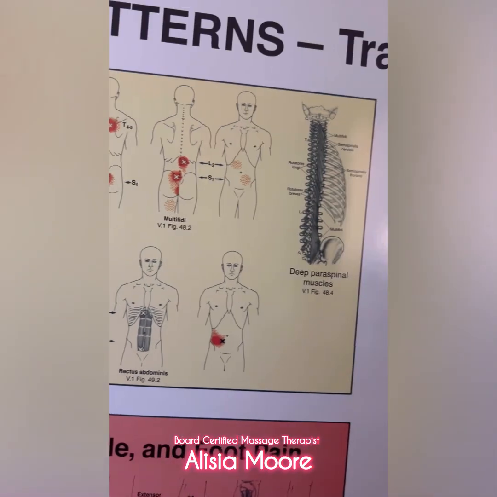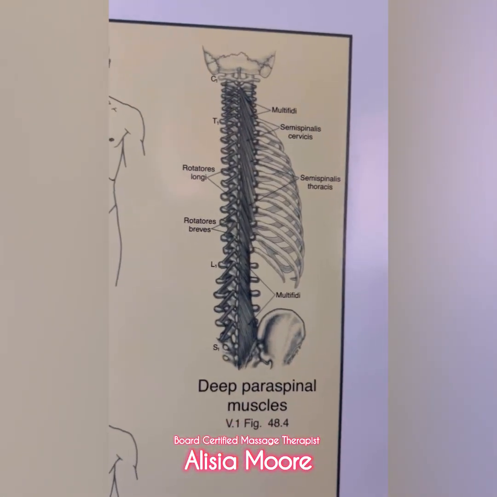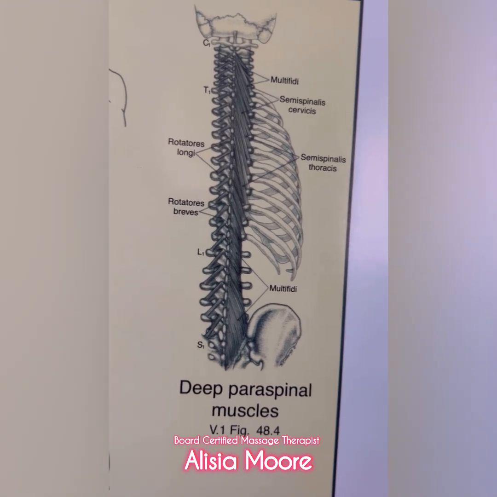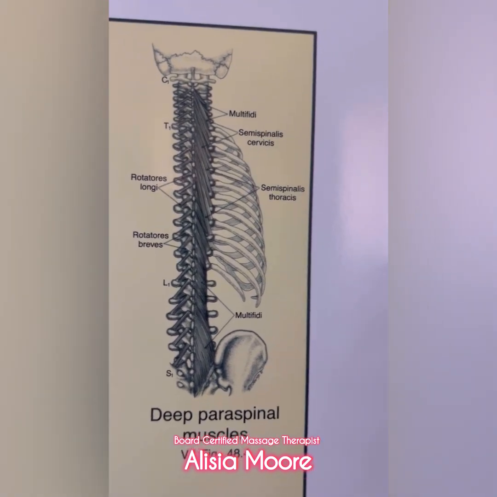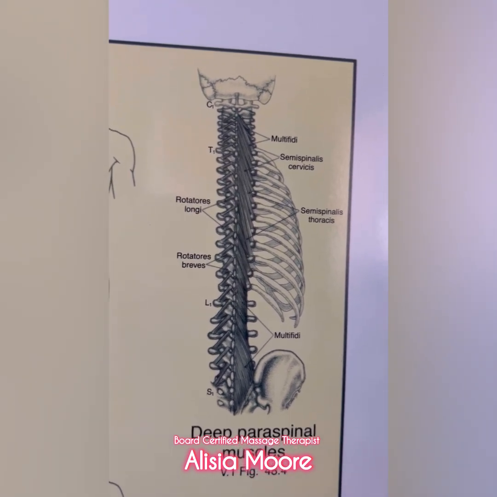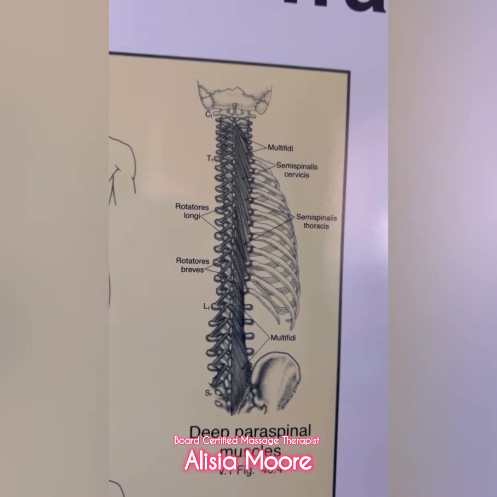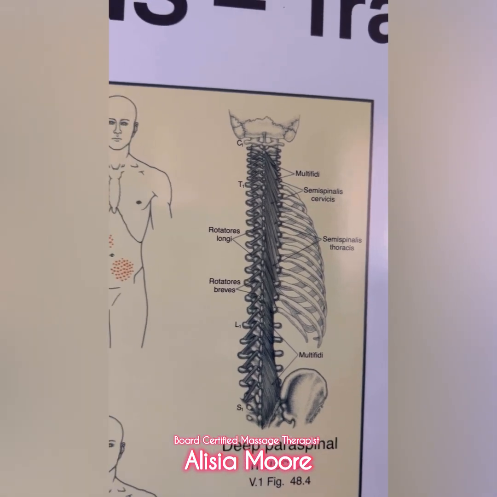Also, a really interesting look is the deep paraspinal muscles. So these muscles, they can be tricky to get to because they are so deep. The other muscles that are lying on top of them tend to be super tight and rope-like.